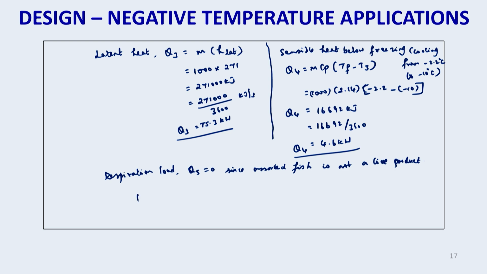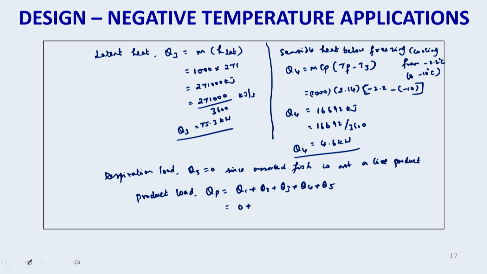Now the total product load is Qp equal to Q1 plus Q2 plus Q3 plus Q4 plus Q5. Because the pre-cooling details are not known, it is assumed this is negligible.